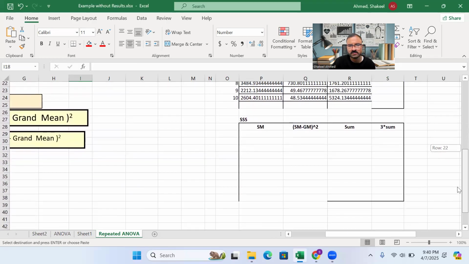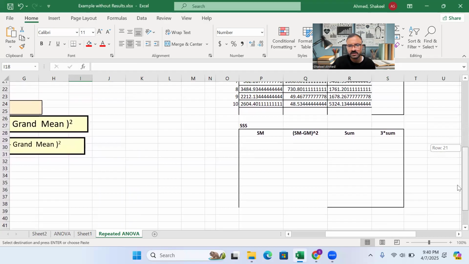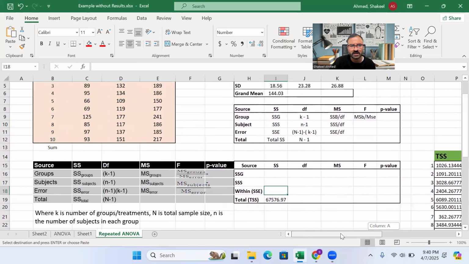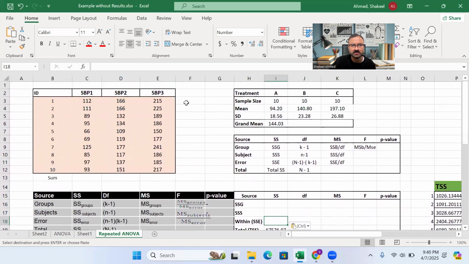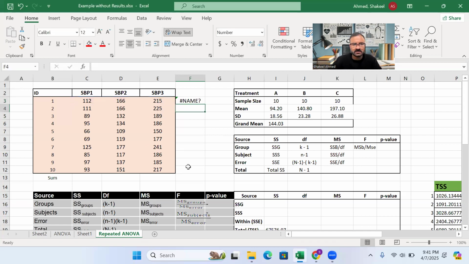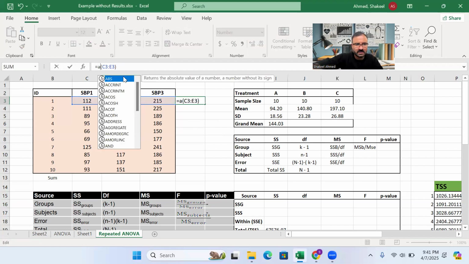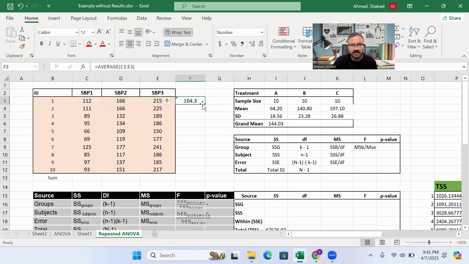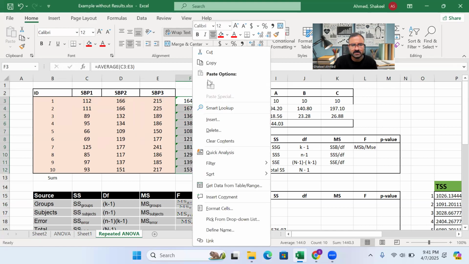Now we are interested in finding the between subject sum of square. So you need to find the subject-wise mean for each subject, the mean of the data sets. So we should write it as average, and then just drag it and copy it.